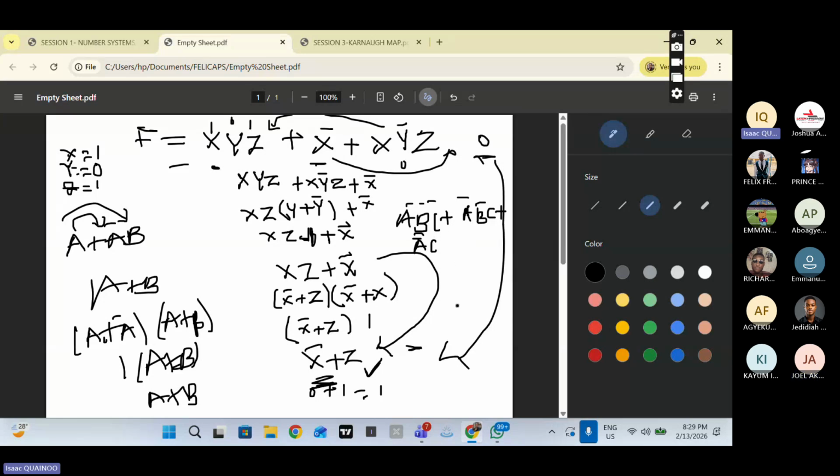So we have A complement, B complement, C complement, plus A complement, B complement, C, plus A complement, C. Or A bar, B bar, C bar, plus A bar, B bar, C, plus A bar, C. Okay, got it.